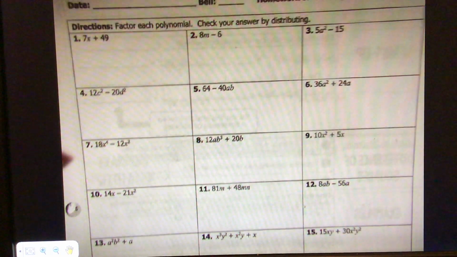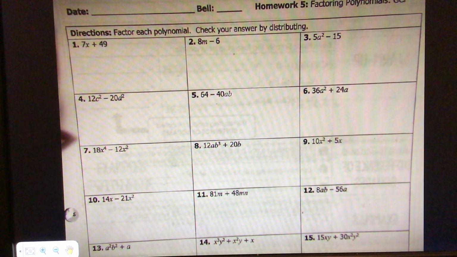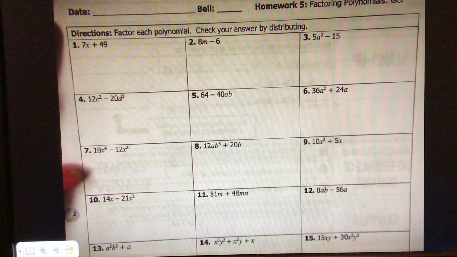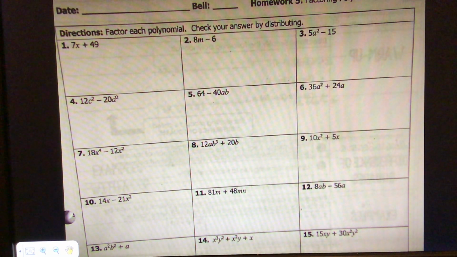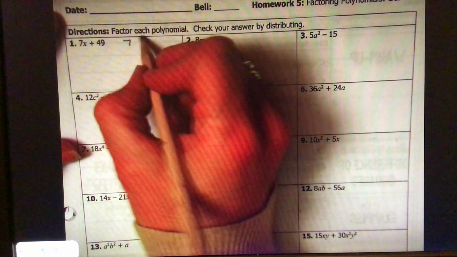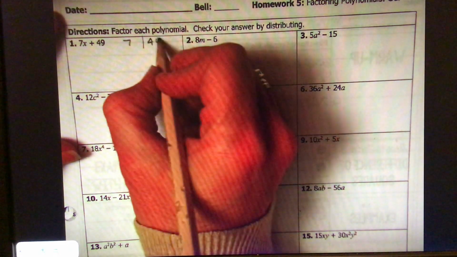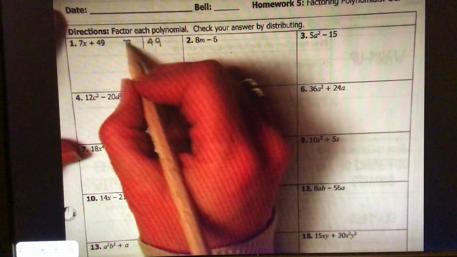So the homework's on page 15. Oh, I already like 7 and 49 because 7 goes into 49. And notice a lot of these numbers are purposeful because they fit into each other. I can say I have 7 and 49, but I already know it's 7.